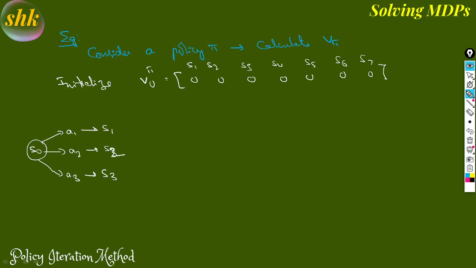Let us assume the probability of taking action A1 in the S0 state is 0.5. Taking action A2, we will take this as 0.3, and taking action A3 in the S0 state has a probability of 0.2. When we take action A1, the change of state is to S1 with a return, let us assume, equal to 8.